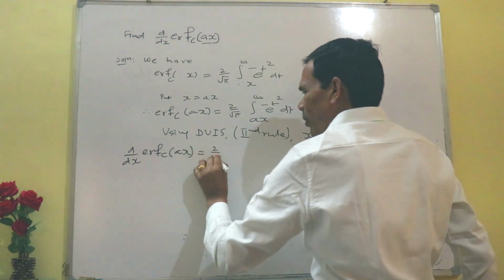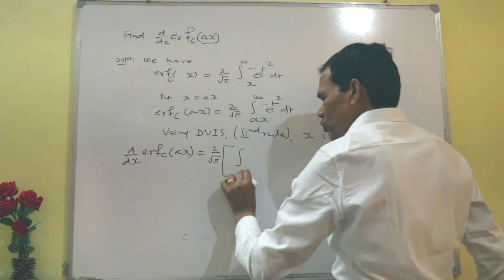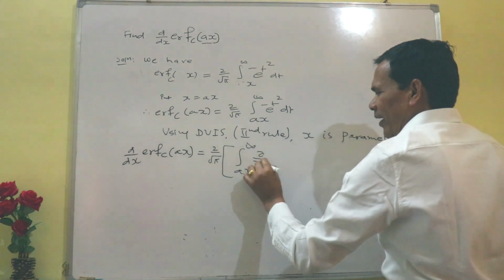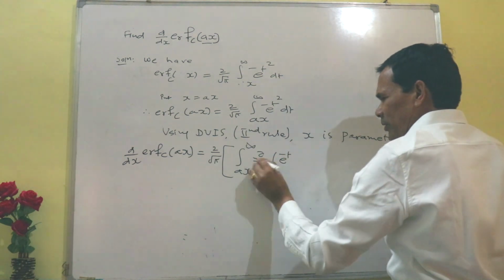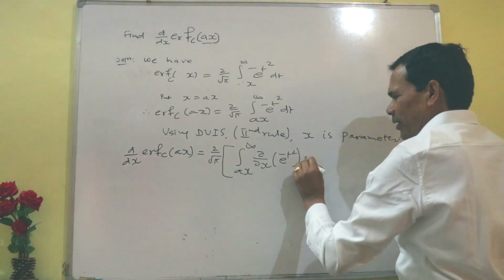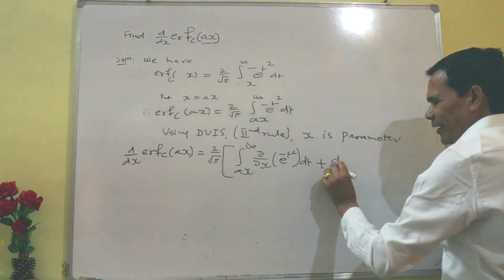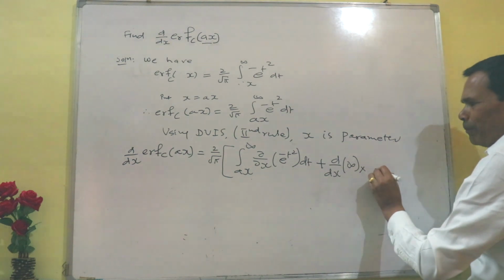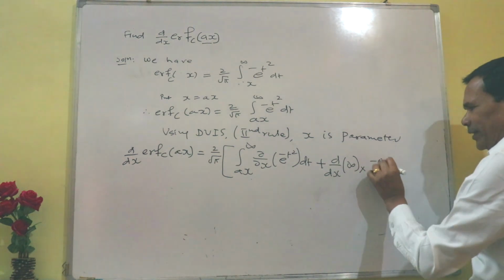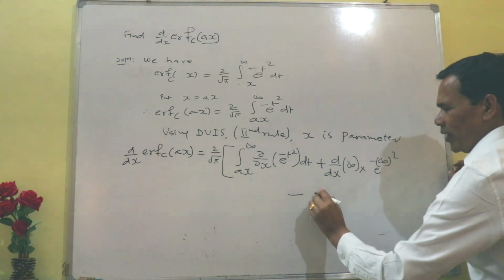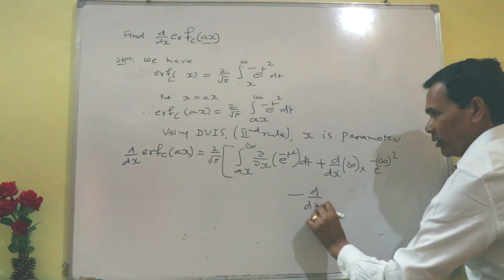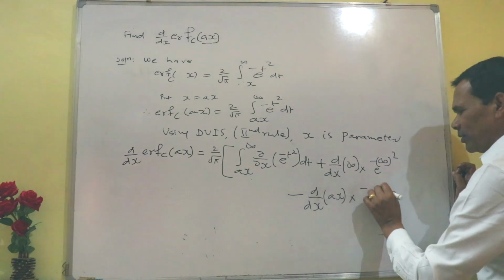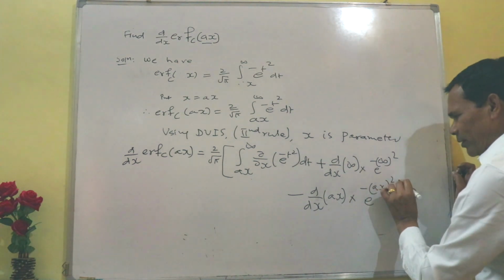This is equal to 2 upon root pi, ax to infinity, partial derivative with respect to x of e raised to minus t square, differentiation under the integral sign, into dt, plus d by dx of the upper limit, which is infinity, multiplied by e raised to minus infinity bracket square, minus d by dx of the lower limit, which is ax, into e raised to minus ax bracket square.